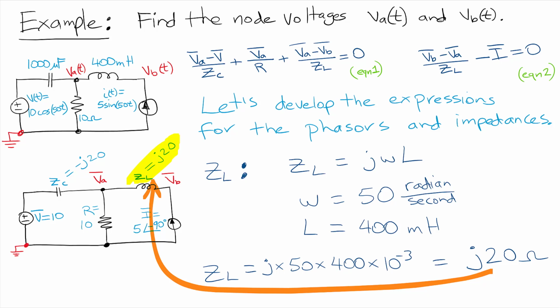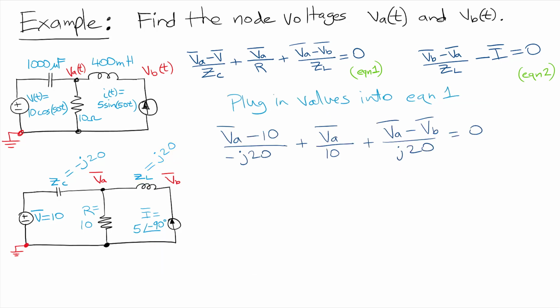Now we've calculated all of the phasors and the impedances, so we're going to start plugging into our equations. We're working with equation 1 and putting in the values that we found. We're solving for the phasors VA and VB, but we know all the other values.